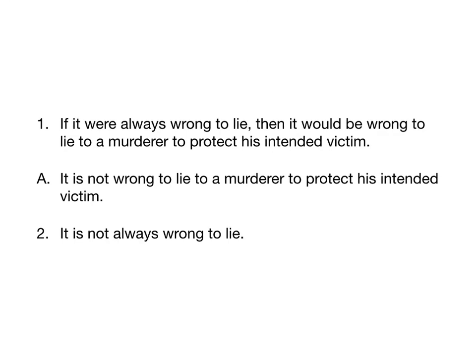That premise, I'll use A for these a lot of times just to make them clear, and a dotted line like your book does: it would be wrong to lie to a murderer to protect his intended victim. Missing or assumed premise. The person thinks we're all going to think, well, of course it's not wrong to lie to a murderer to protect his intended victim. You should do that, right?